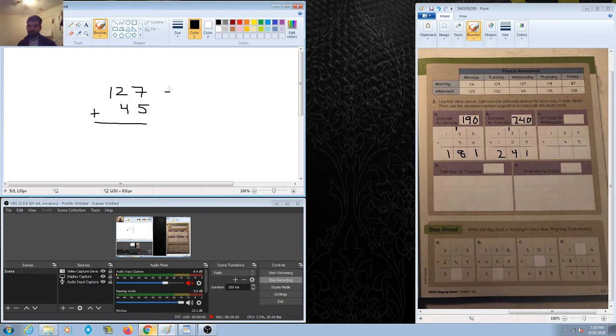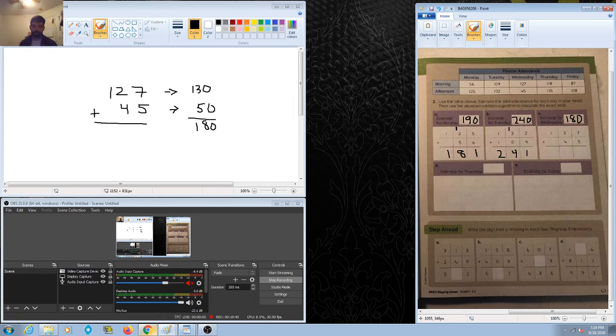Okay, so 127 is going to round to 130, and 45 is going to round up to 50. If we take the sum here, our estimation will be 0 plus 0 is 0, 3 plus 5 is 8, and 1 we bring down, which is 180. So our estimation should be around 180.